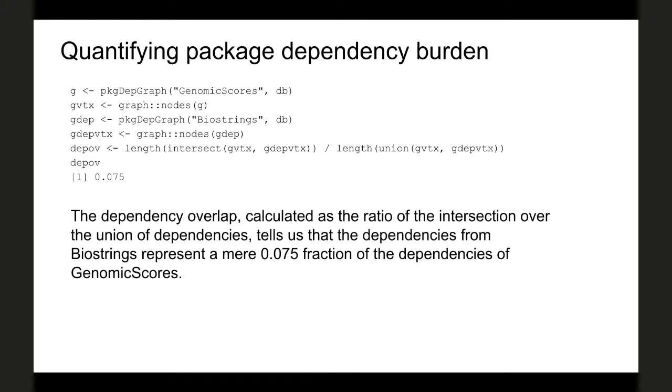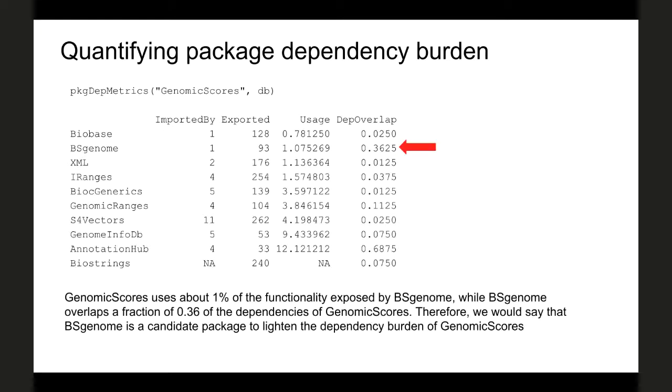So this is what I just saw about the dependency here. If I call this package dependency metrics, it gives me a data frame where I have, for every one of my dependencies, in this case of genomic scores, the number of functions imported from the dependency. So I import one function from base, one from the genome, and so on.